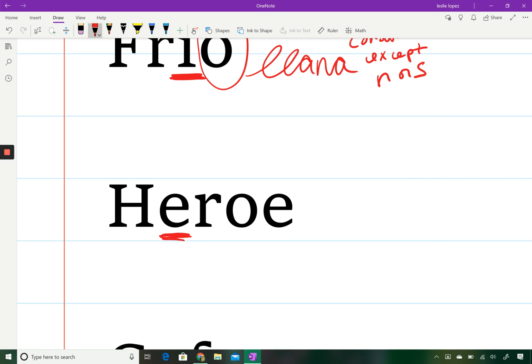That makes it a palabra esdrújula. And remember, palabras esdrújulas siempre llevan tilde. They always have accent marks. Thus, we can go ahead and put our accent mark.